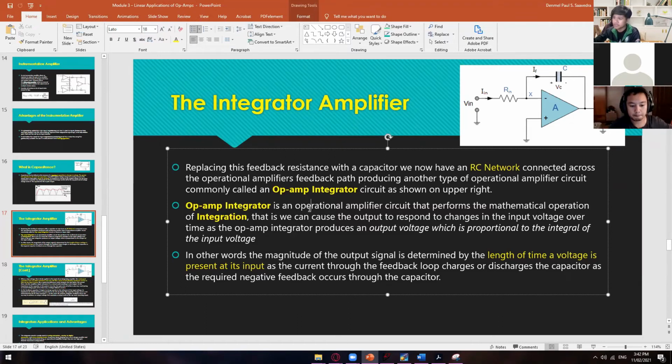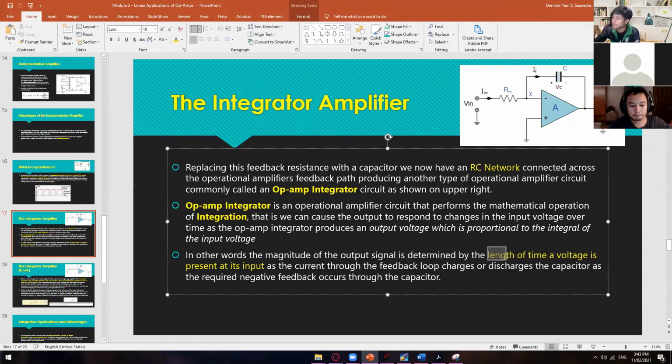So the op-amp integrator is an operational amplifier circuit that performs the mathematical operation of integration. That's why it's called an integrator. So we can cause the output to respond to changes in the input voltage over time, as the op-amp integrator produces an output voltage which is proportional to the integral of the input voltage. In other words, the magnitude of the output signal is determined by the length of time a voltage is present at its input.